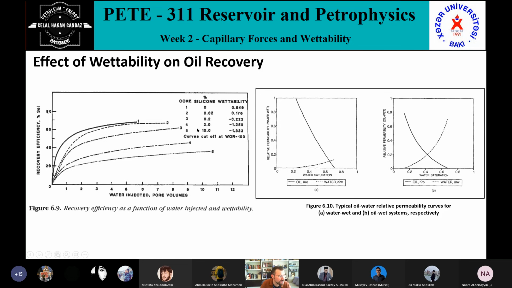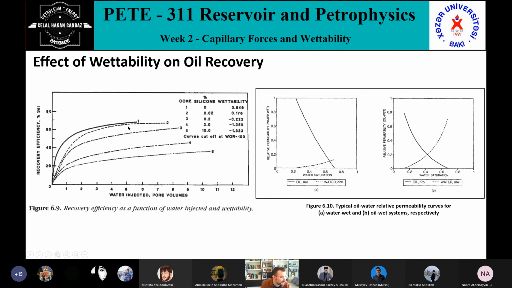The silicone is used to make a displacement, and according to this the wettability values are given here: 0.6, 0.1, minus 0.2, and the rest are negative.